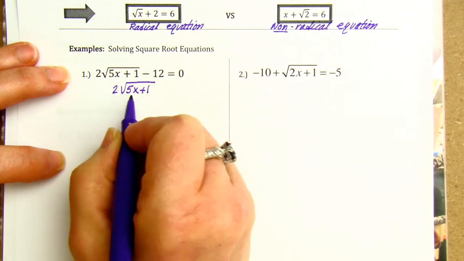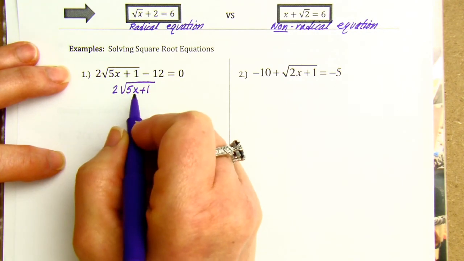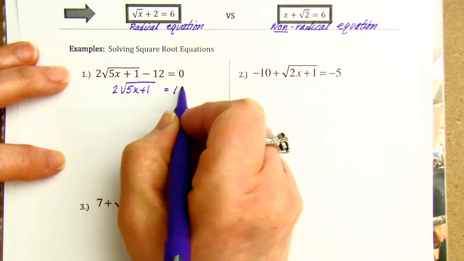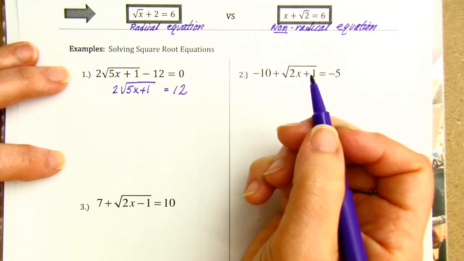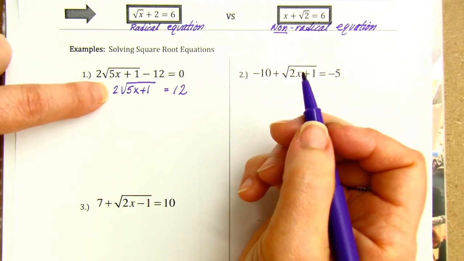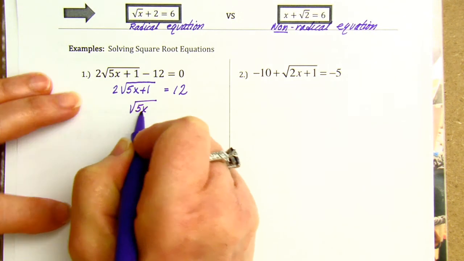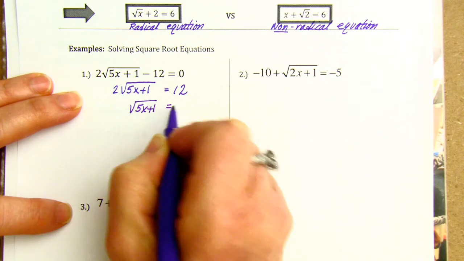Notice the x is inside the radical, so I have to isolate this thing to get it out. So I'm going to add 12 to the other side. To get rid of the 2, which is being multiplied with this expression, I divide and get the square root of 5x plus 1 equals 6.